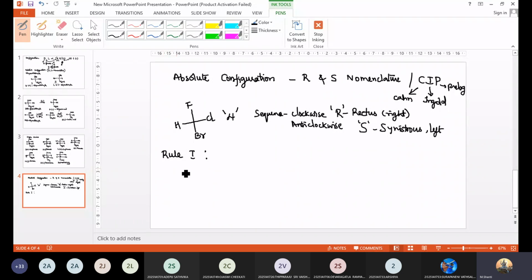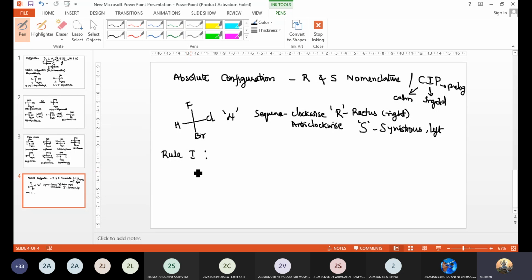So what does rule 1 say? Rule 1: the order of priority is determined on the basis of the atomic numbers of the atoms which are directly linked to the chiral carbon.